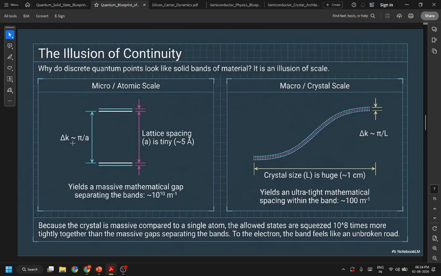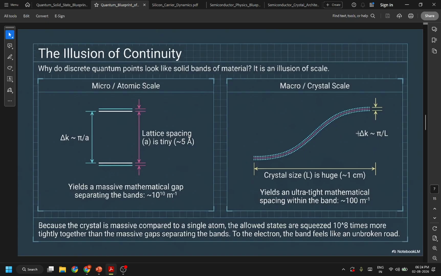If delta k is pi by a, where the lattice spacing is tiny, it yields a massive mathematical gap separating the bands, about 10 to the power 8 times bigger.